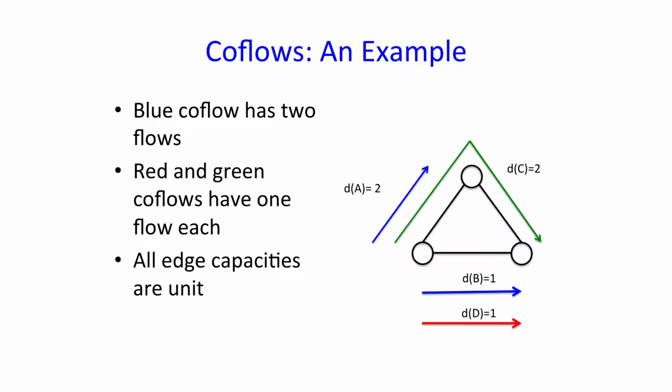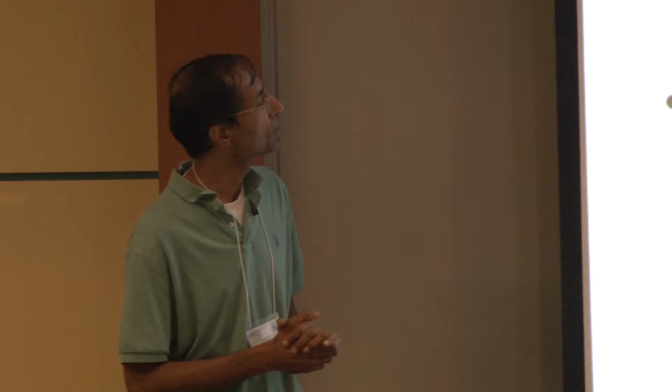So the blue coflow has 2 flows, one requiring a demand of 1. So imagine 1 unit of transmission between these 2 nodes, one a demand of 2. So 2 units of data needs to be transported across this link. And the green flow requires 2 units to go across that path, and the red one unit to go across that. So that's the setup. Assume that every edge link here has unit capacity.